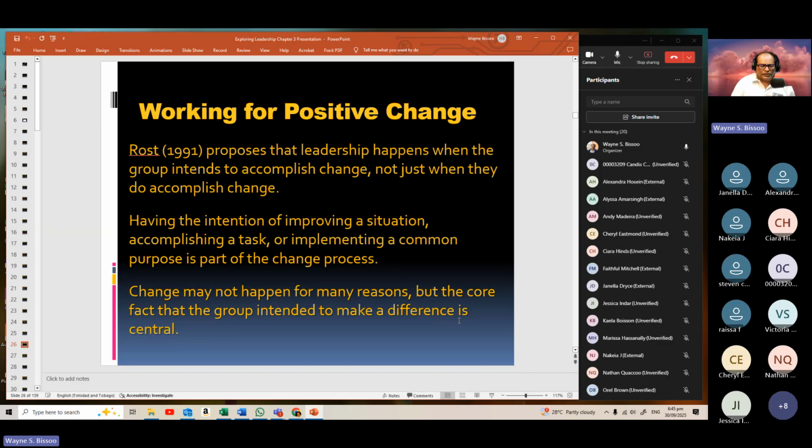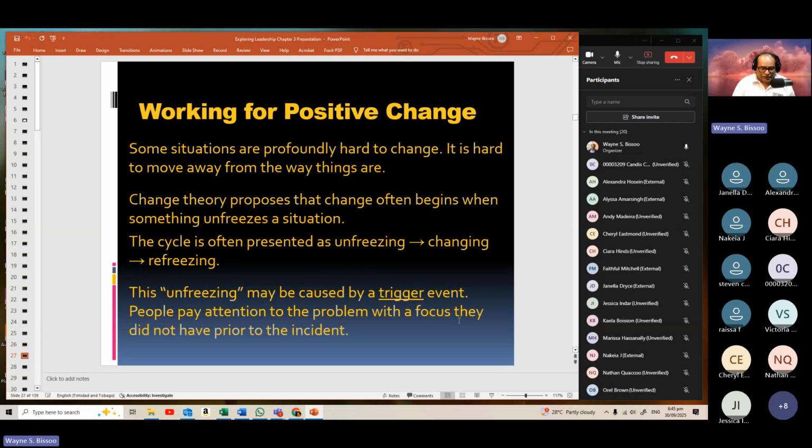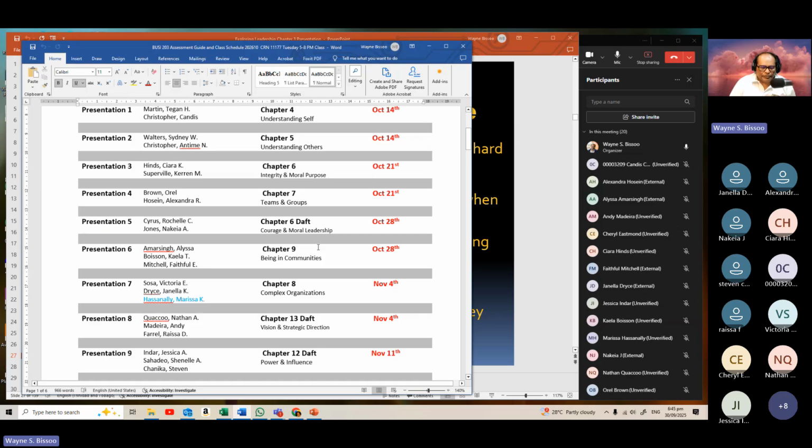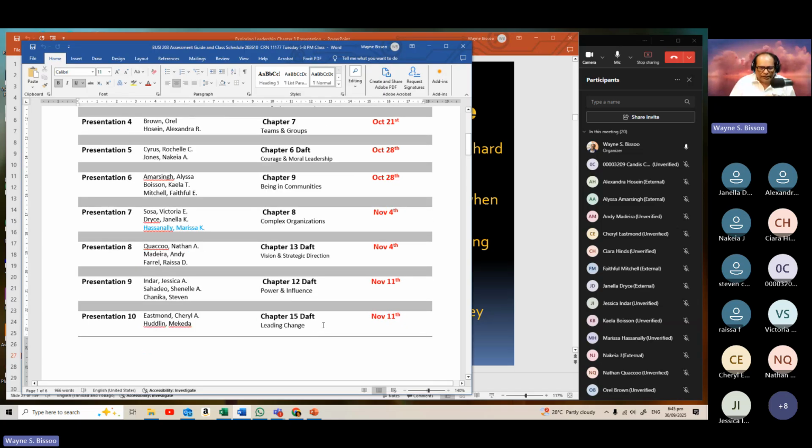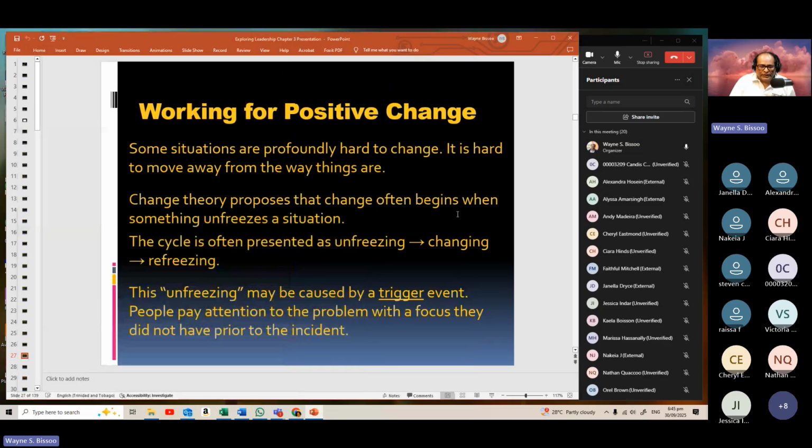Okay. So with organizations, when we're working towards positive change, we come across change theory, and of course, there's a chapter that is going to be presented on leading change. That's how critical that is, because one of the things that is likely to happen in an organization is change.